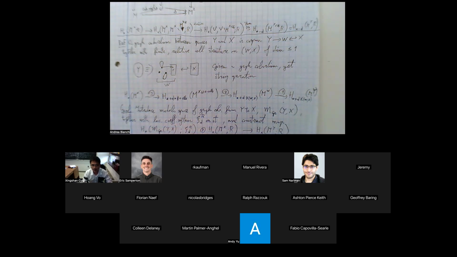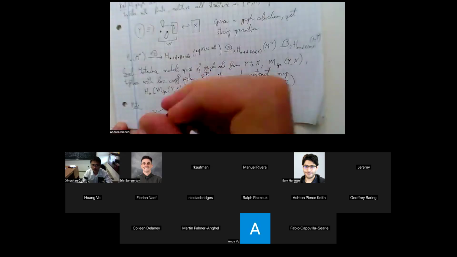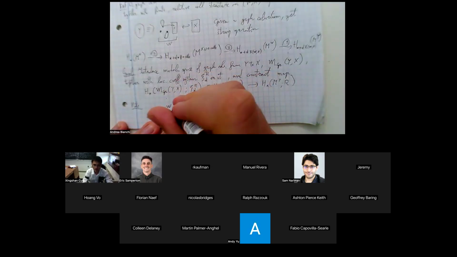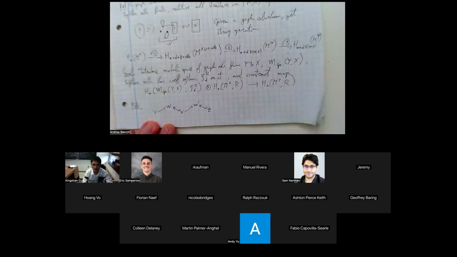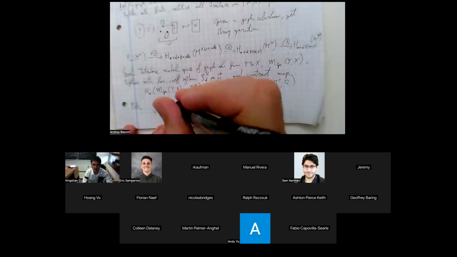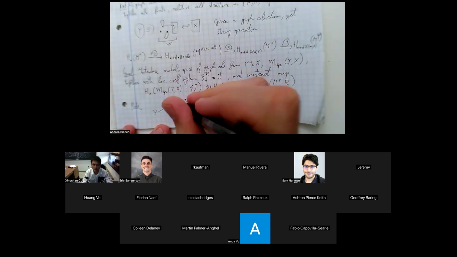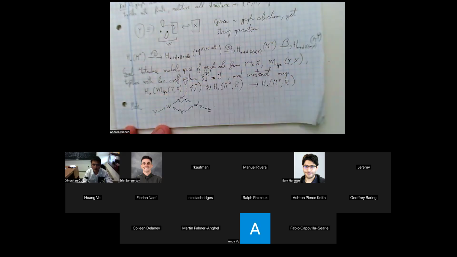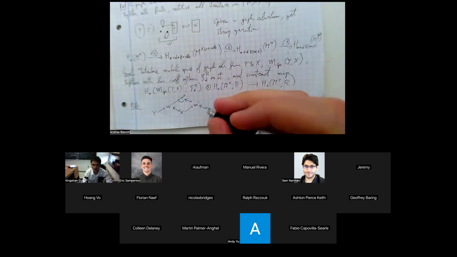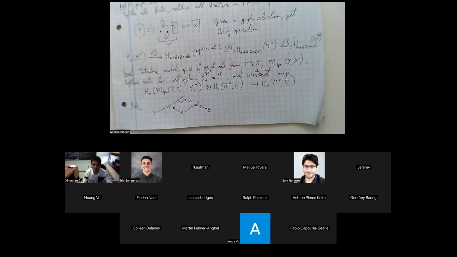If you have the following situation, you have Y maps into W, which is a cellular extension of X, and X, let's say, maps into W prime, which is a cellular extension of Z, for example. Then we should be able to make here a push out, and let's call this W double prime. And Y admits a map to W double prime, and W double prime is again an extension of Z where we attach twice a bunch of 0 and 1 cells.